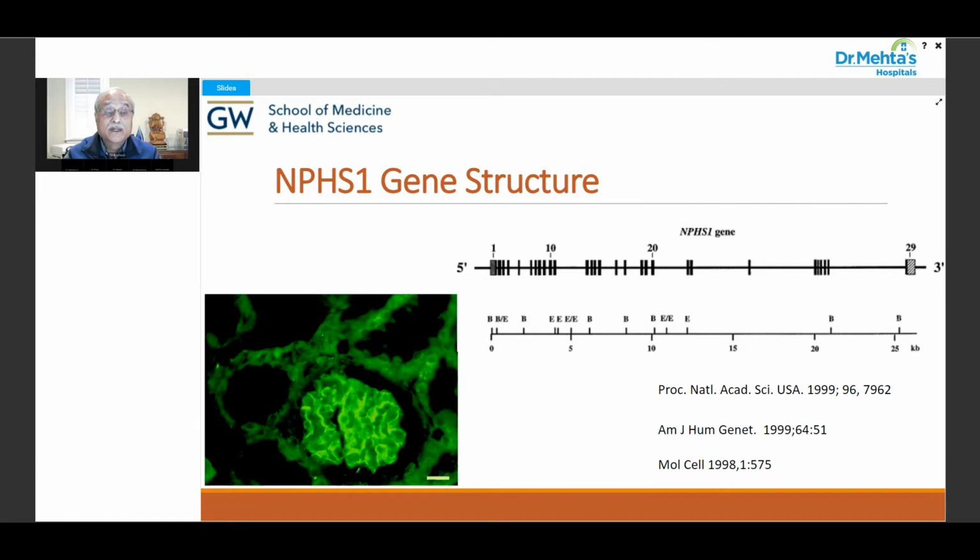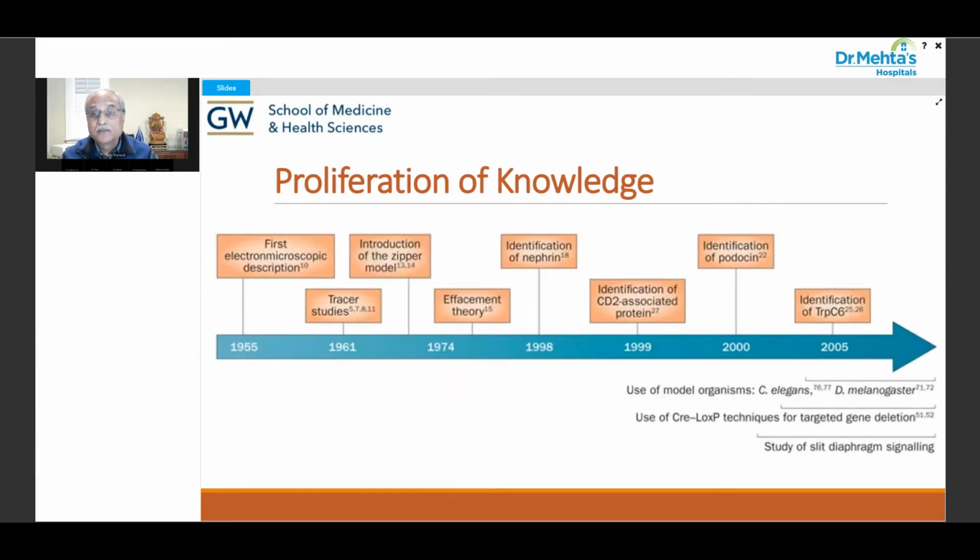So they determined the gene, they found its localization somewhere in the glomeruli. After that period of time, there has been an explosion of information related to podocytes, nephrin, and other genes and other proteins have been classified as existing within the podocytes. A true explosion of knowledge.